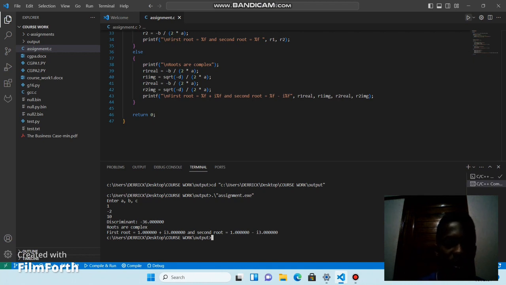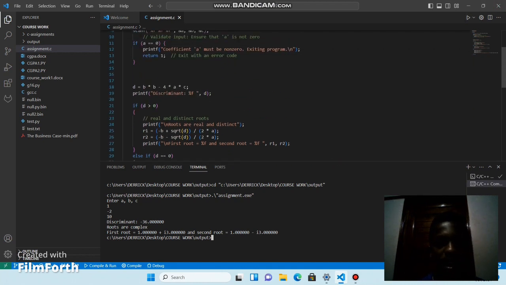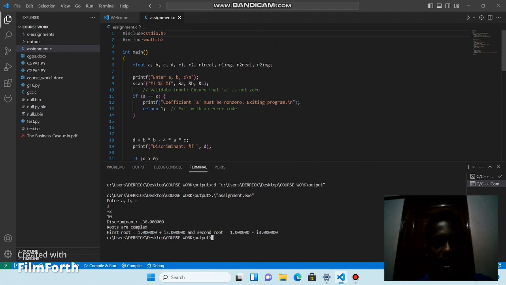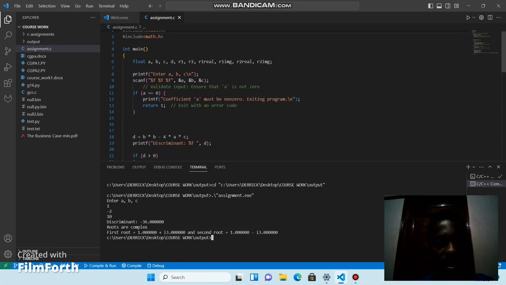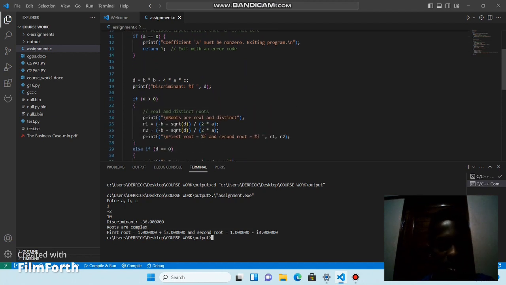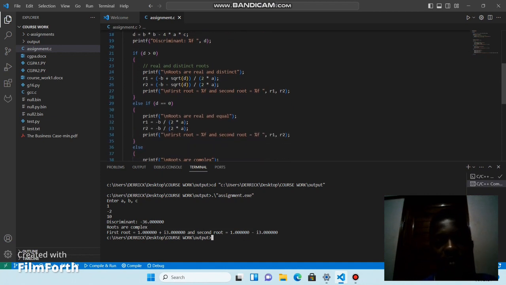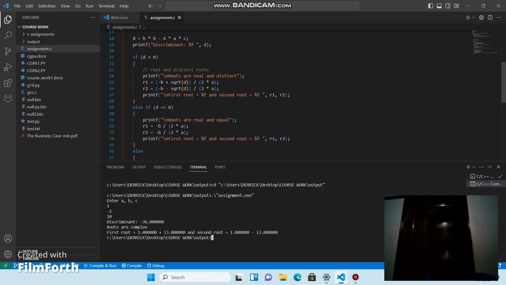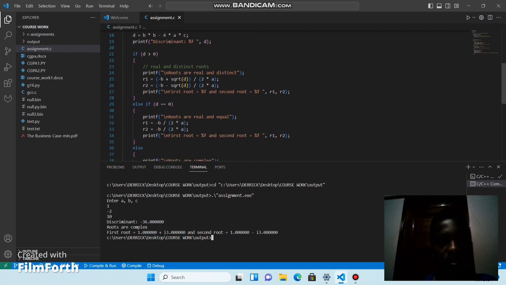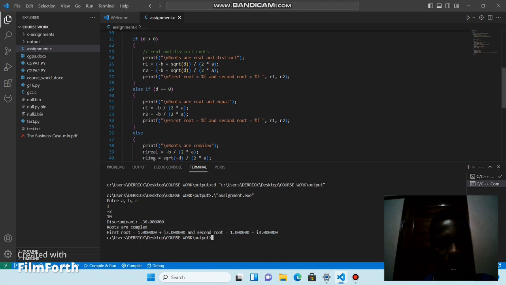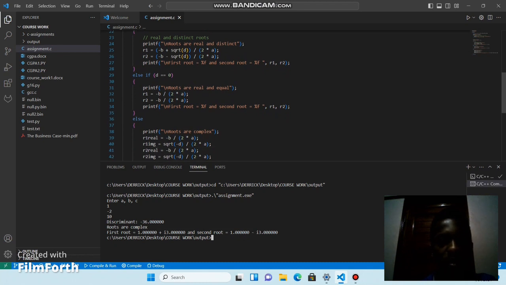Then, according to our code, it shall first print the discriminant, because we have prompted it and entered the coefficients. After printing the discriminant, it shall use that discriminant to go through these conditional statements to find which one of them fulfills the condition. So now it is -36.